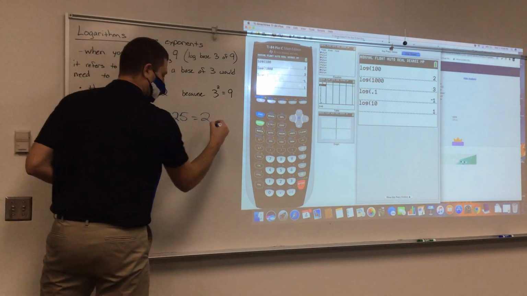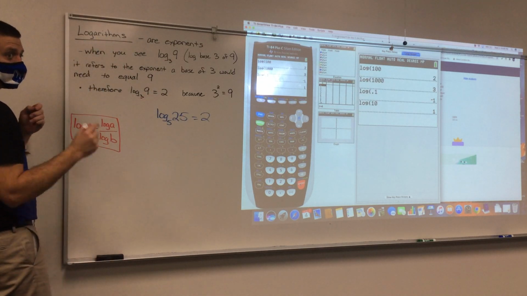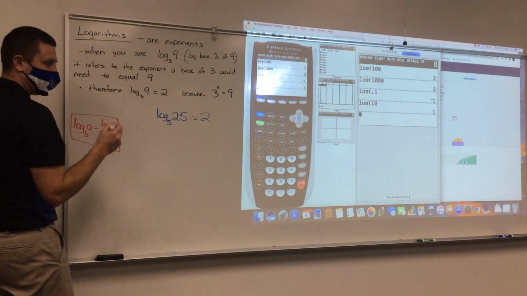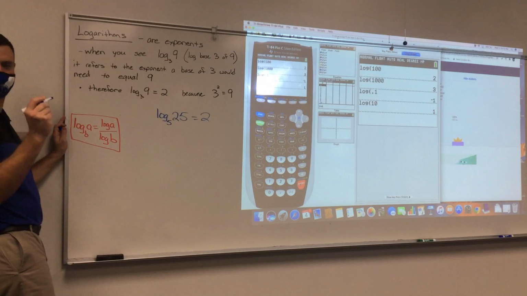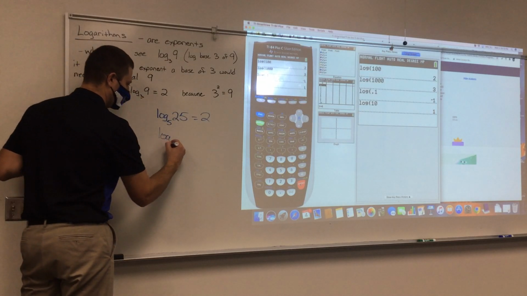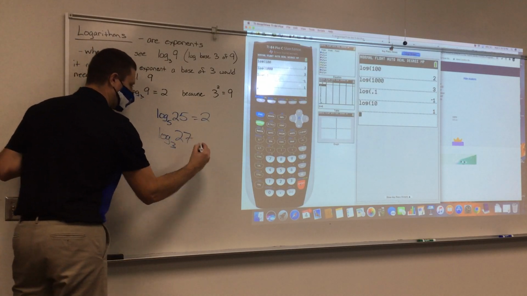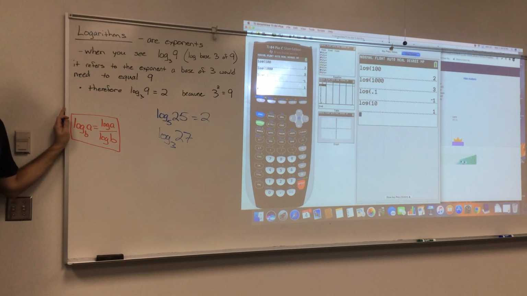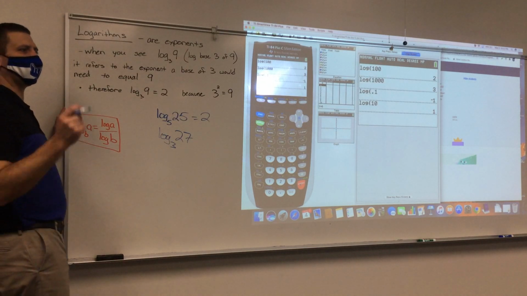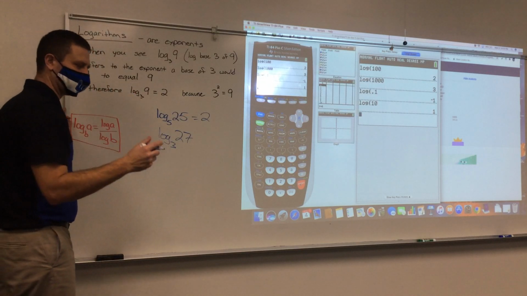So the answer is 2. You're thinking exponents now, not multiplication. There's another one. Log base 3, 27. 3. Because 3 to the third power. 3 times 3 times 3.